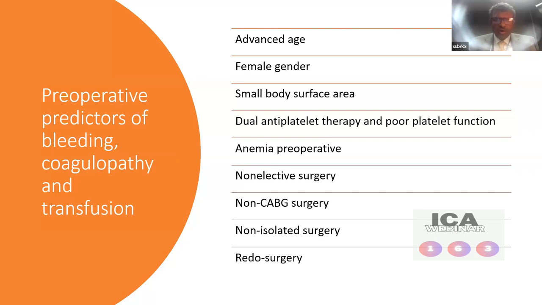And we have no doubt that if you give more transfusion, it gives bad outcomes. There is enough evidence in the literature to say that in cardiac surgery, transplant surgery, and simple CABG surgery, if you give more blood transfusion, bad outcomes will happen.